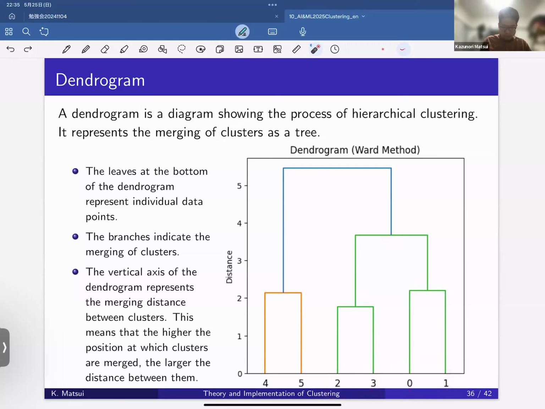And finally, everything becomes one. The vertical axis of the dendrogram represents the merging distance between clusters. This means that the higher the position at which clusters are merged, the larger the distance between them.